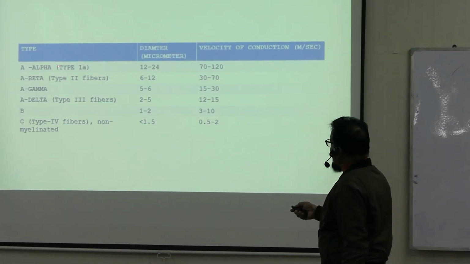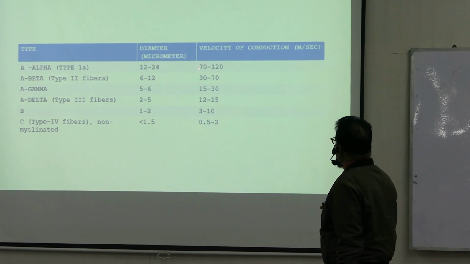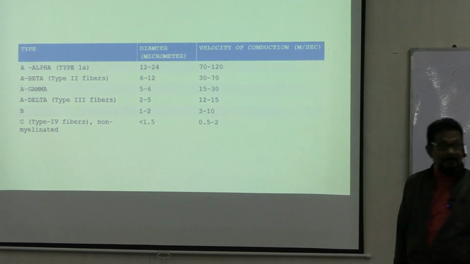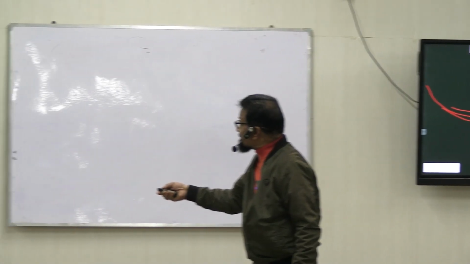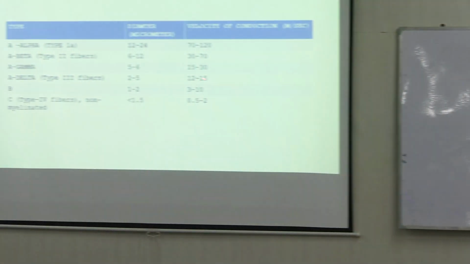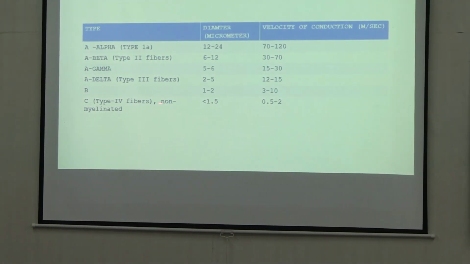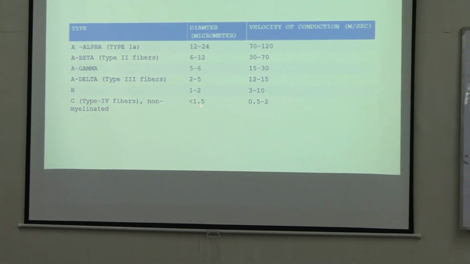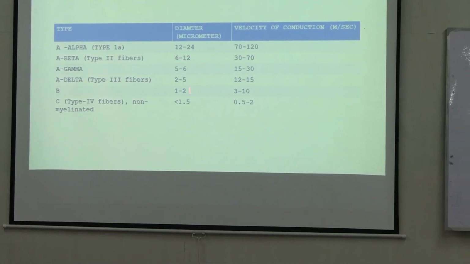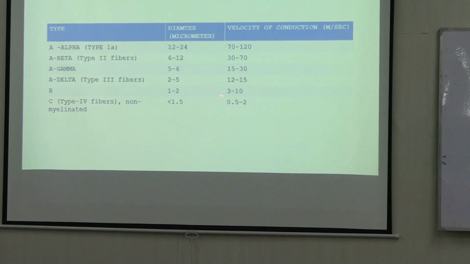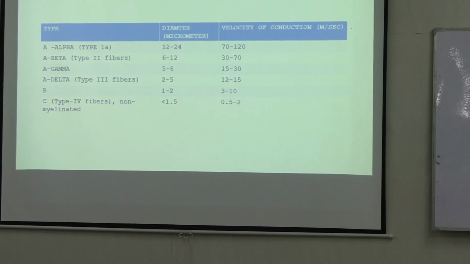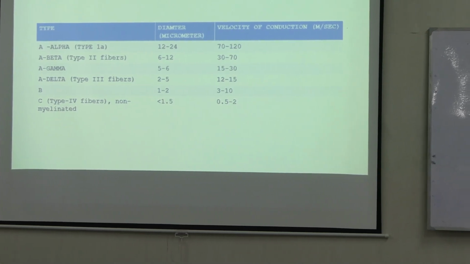Type 1 A nerve fibers have a diameter of 12 to 24 and a velocity of 70 to 120 meters per second. As the diameter decreases, velocity decreases. And the non-myelinated nerve fibers have a diameter of less than 1.5 micrometer and a velocity of only 0.5 to 2 meters per second.